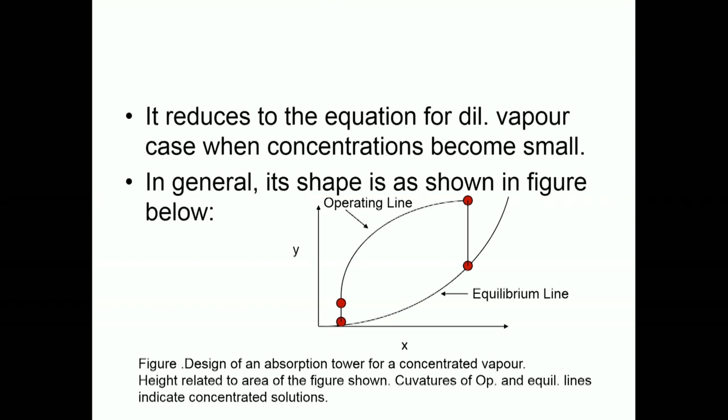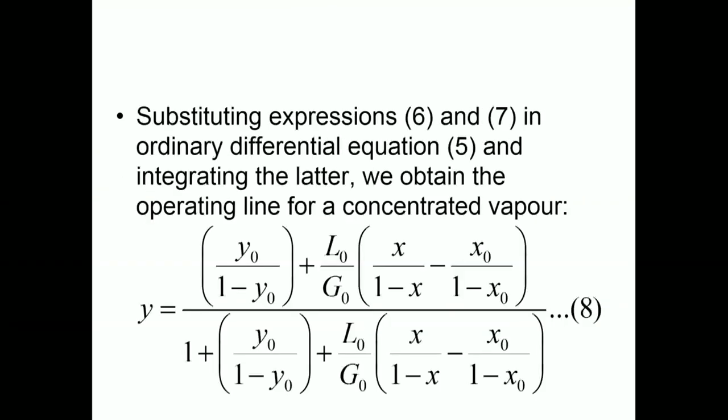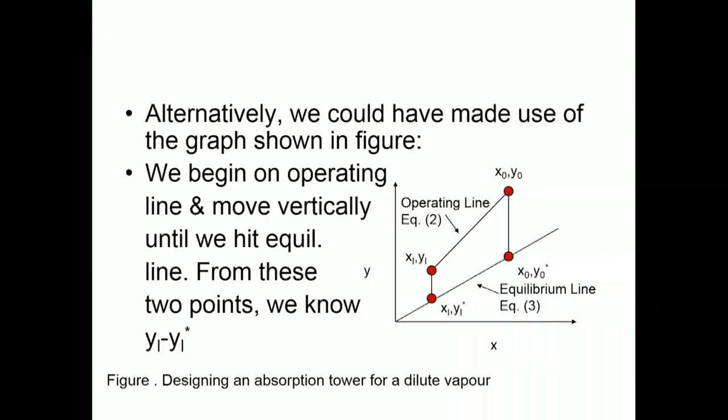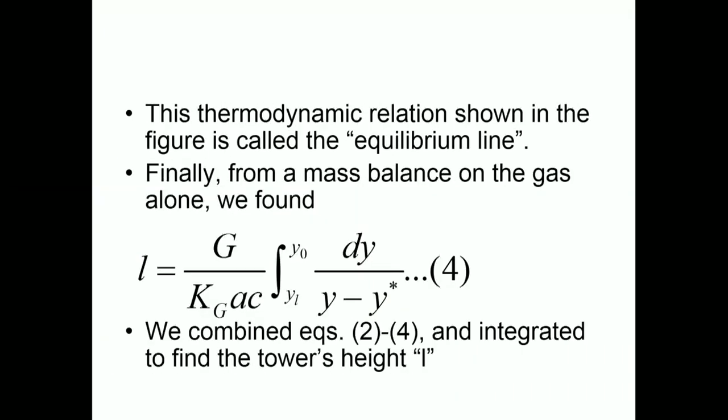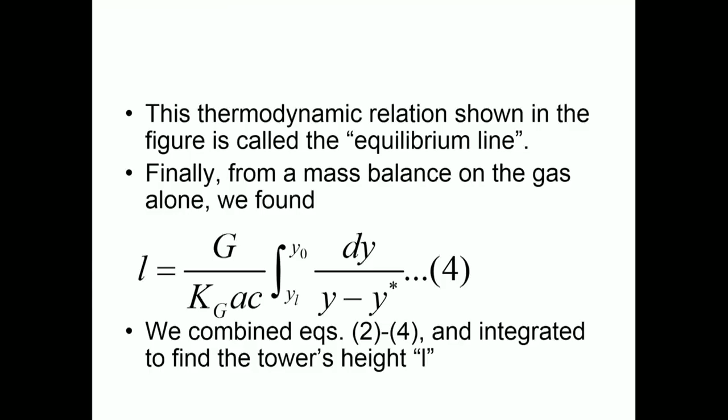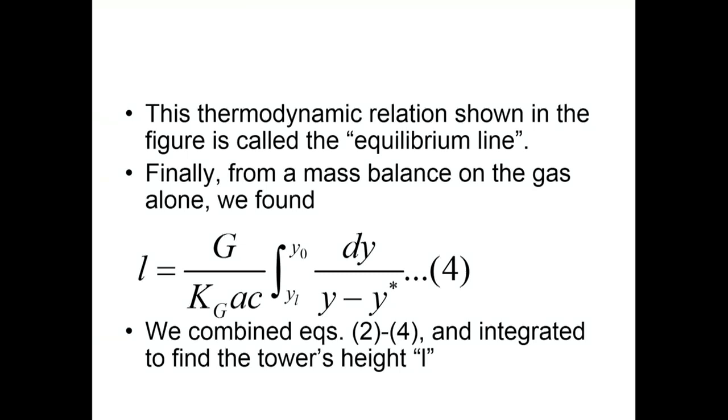We might need these differences in order to integrate an equation of this kind if it were not possible to integrate it analytically. Once we know several of these y minus y star values, we take reciprocals and plot on a new ordinate the reciprocal of y minus y star versus y, and the area under that curve is graphically the integral between these values y0 and yL.